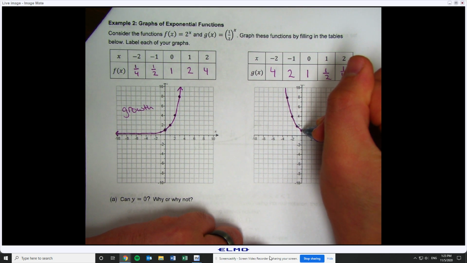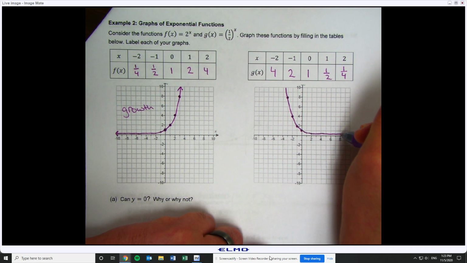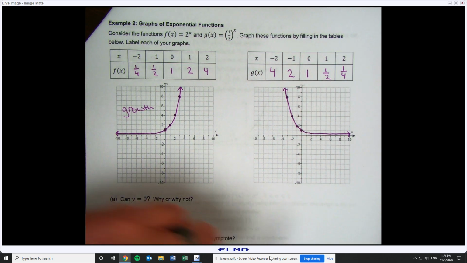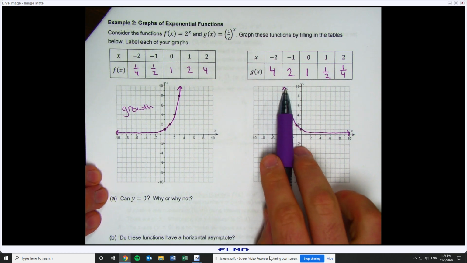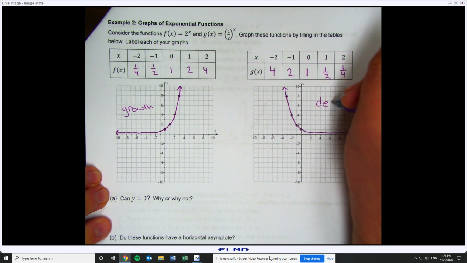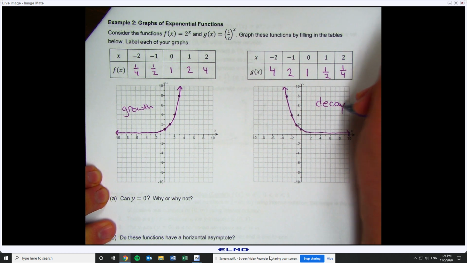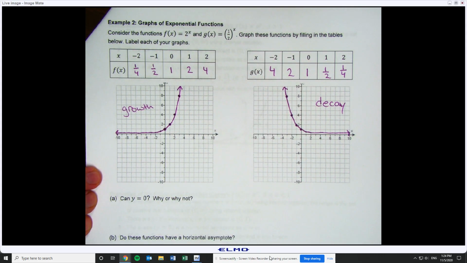Okay, so graphing this. There we go. And now, reading from left to right, I see I start up here and then I decrease, I go down. That means that I'm getting smaller. It is a decay, which we knew based on definition, but now we can see it graphically.